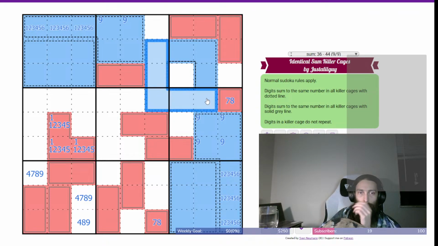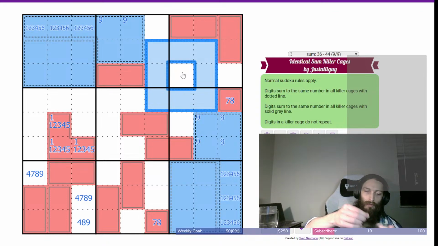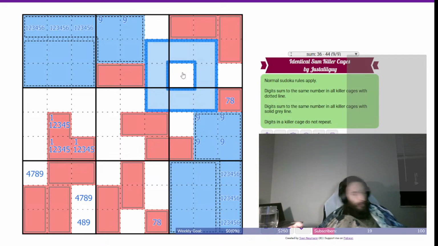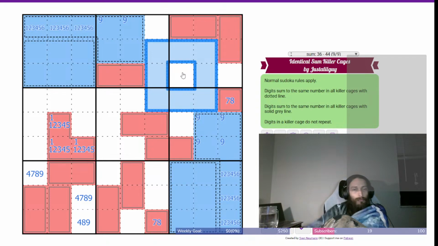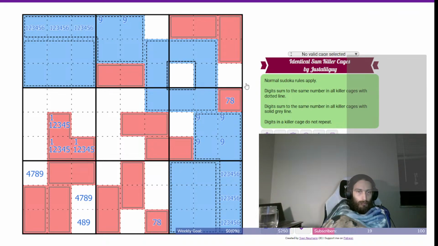So this includes 1 through 7. It's just either the 8 is missing or the 9 is missing. Right. I kind of want it to be 8 is missing, and that the 8 that is missing is red, but I don't know how to prove that yet.